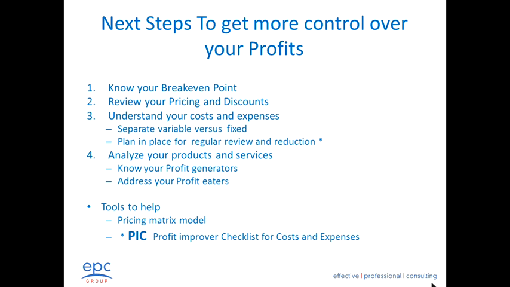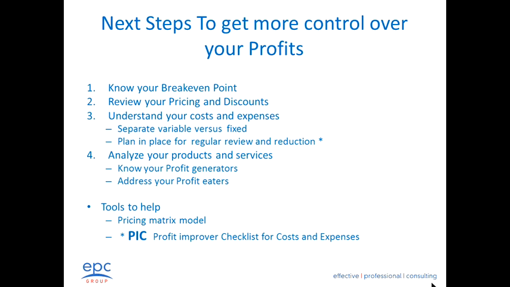It can be a real eye-opener, and you have to make some decisions. But unless you're deliberately selling it below cost for a loss leader reason, I really don't understand why anybody would want to be consistently selling products below cost. You've got to come up with a better way of addressing that. But unless you do the analysis, you're not going to know.